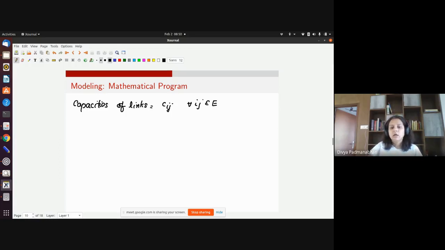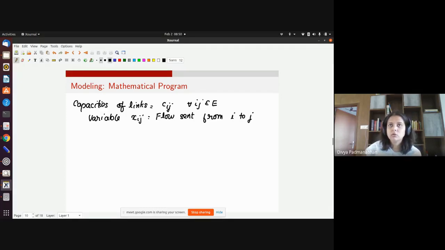Now, what do I want to do? If you remember the constraints that you have, let's try to write them first. I'm also going to associate each link with a variable xij. This is the flow that is being sent from i to j.